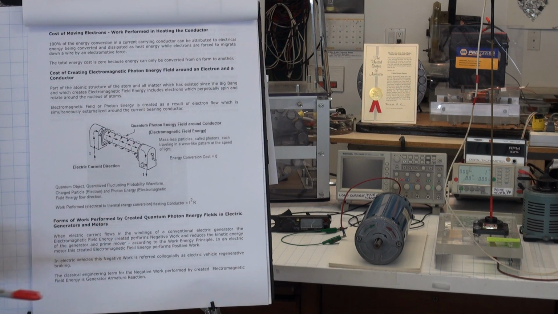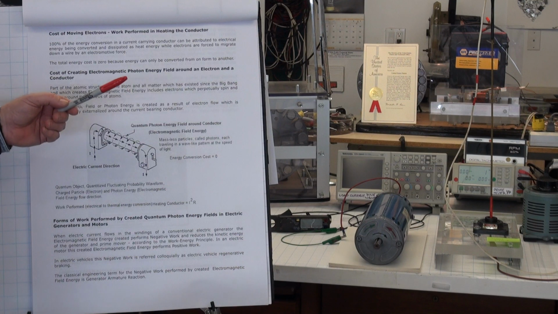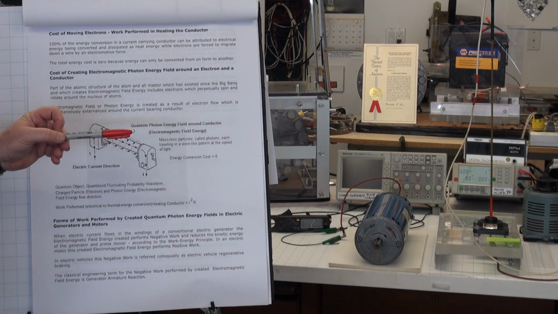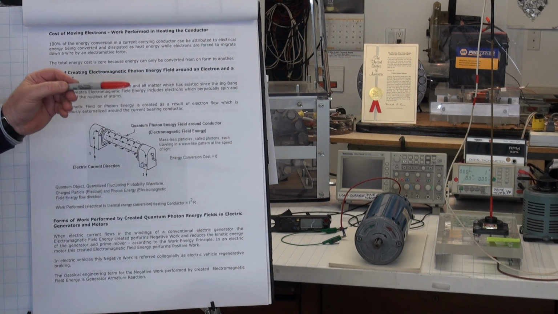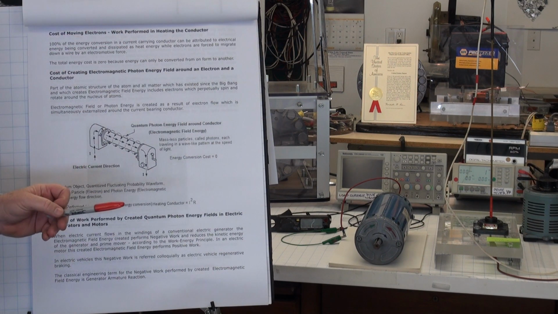And an electric motor only has the ability to convert electric energy to thermal energy. An electric motor does not have the ability to convert electric energy to mechanical energy.